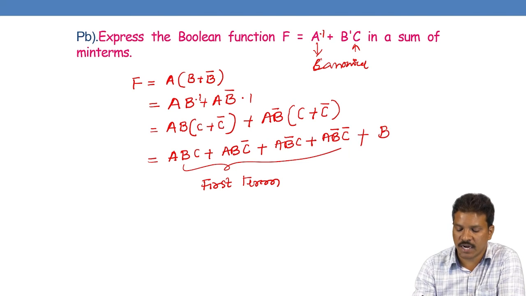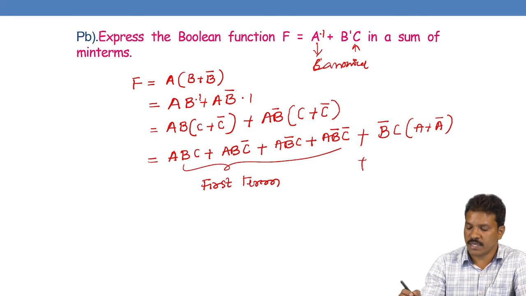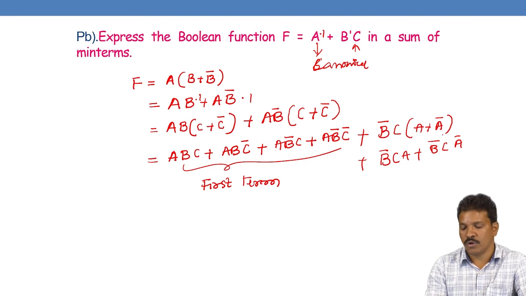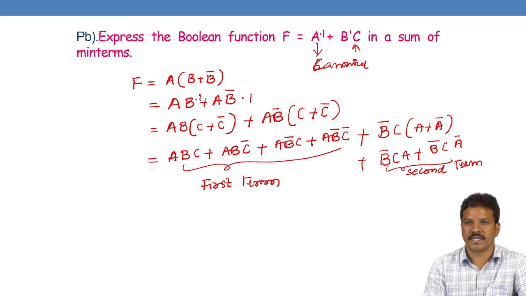The missing variable in the second term is A, so B'C into (A + A') gives B'CA + B'CA'. This is the second term. By combining the first term's minterms and second term's minterms, we get the total minterms.